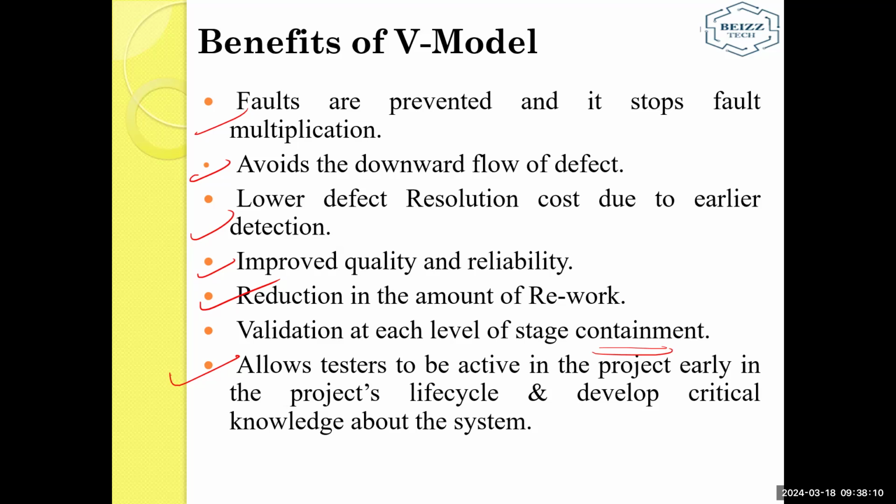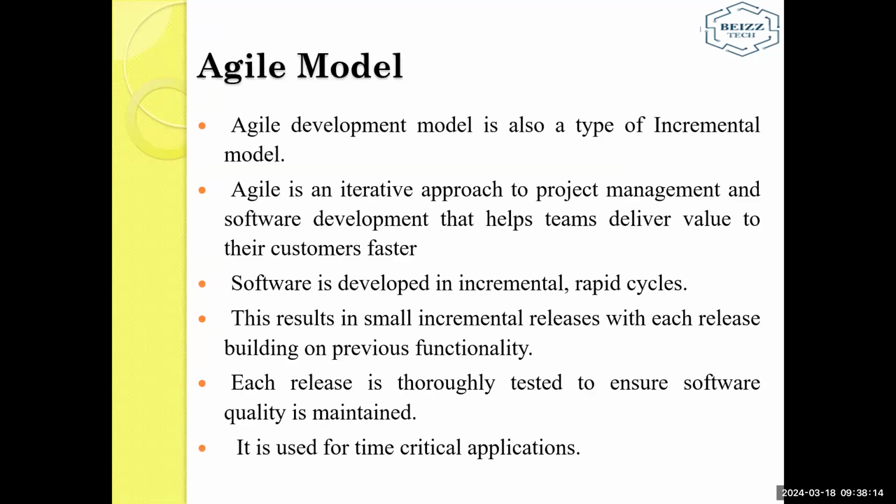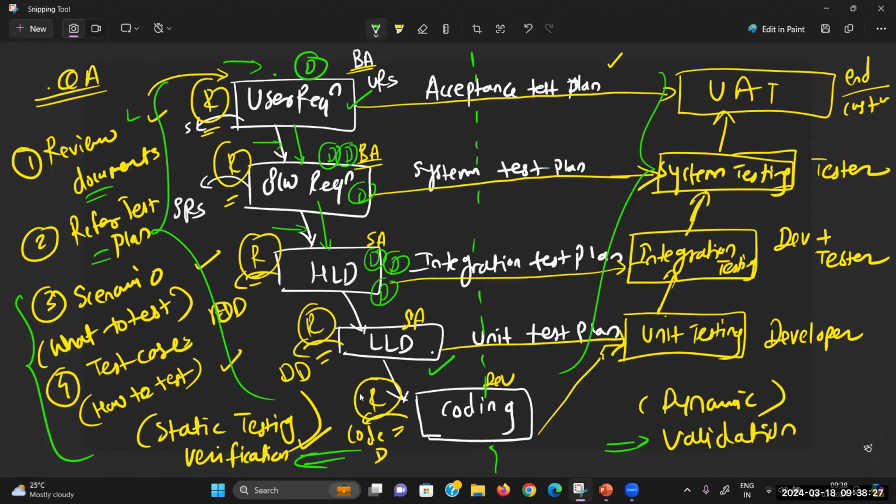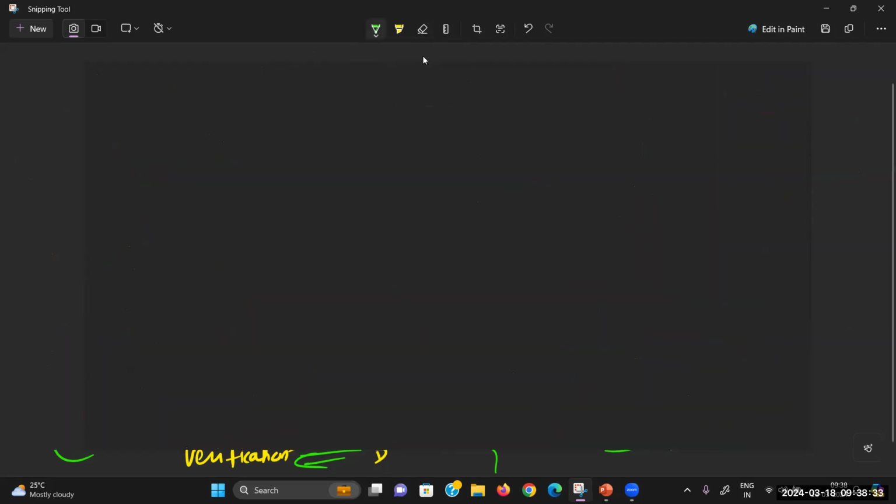Okay. After this we'll be starting with the real-time scenario, which is very popular in real time: Agile. What exactly is Agile methodology, how we work in Agile, and so many things we need to understand here. So first, let me continue with the topic Agile. What is Agile methodology? As I told you, the V model was invented, but V is a part of sequential methodology.